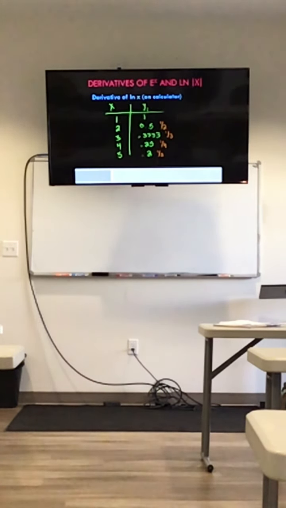Okay, so maybe that will help us now in the question. Do we see any comparison between the x's that are used and what we're getting on the y1 column? They are the reciprocals. So 1, if I flip it upside down, that's still 1. 2, if I flip it upside down, 1/2. 3, 1/3. 4, 1/4. And then 5, 1/5.